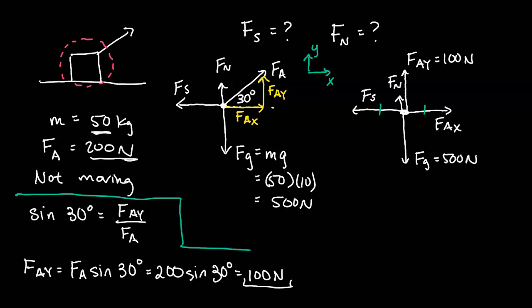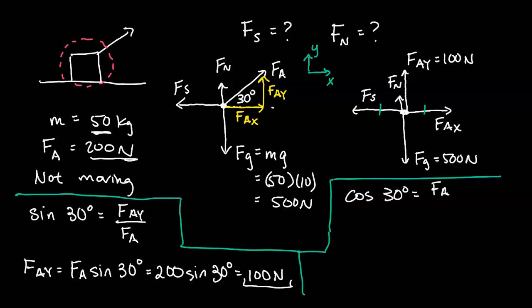Also, let's go ahead and solve Fax. We're going to use cosine 30 equals, using my 30-degree triangle, Fax divided by Fa. I'm looking for Fax, so Fax is equal to Fa cosine 30 degrees.